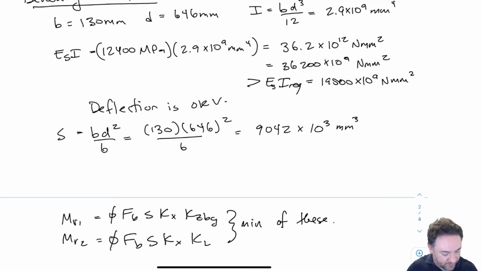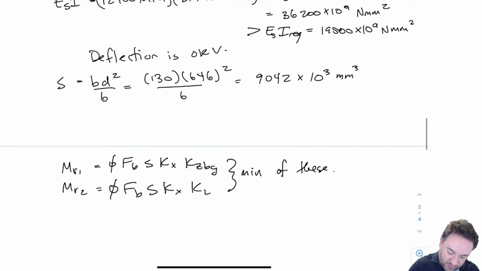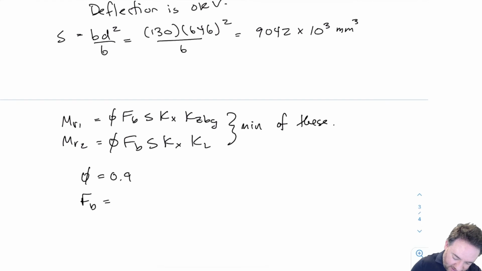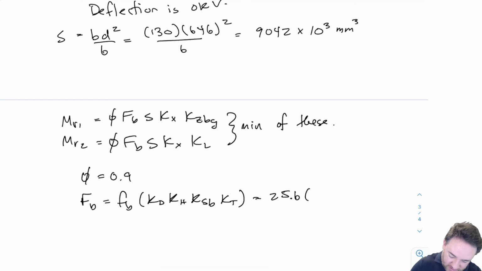Minimum of these. Okay, so first of all, our phi is 0.9 for this equation. And our capital Fb is small fb times all our modification factors. And those are all 1. So we have 25.6 times 1 times 1 times 1 times 1. And so our capital Fb is also 25.6 MPa.